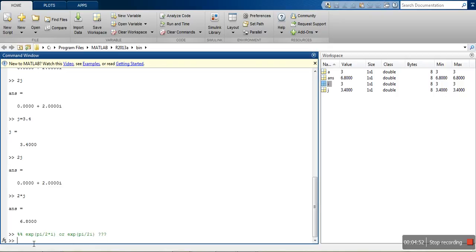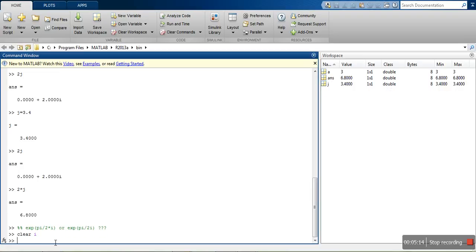First of all, clear the assigned value of i. clear is the command to clear a variable from the workspace. The argument is the variable which we want to erase from the workspace. So we want to erase the i variable, so I have written clear i. So i is removed from here.